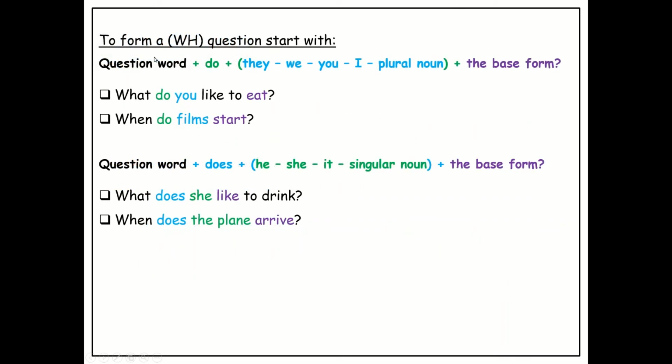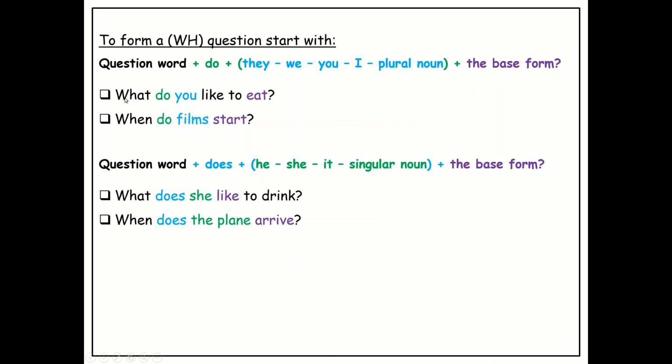Okay, what about the WH questions? To form a WH question, we start with the WH word, like who, what, when, why, where, plus do or does. It depends on the subject, as we said before, plus the subject, which is they, we, you, I, plural noun, or maybe he, she, it, a singular noun, plus the base form of the verb.